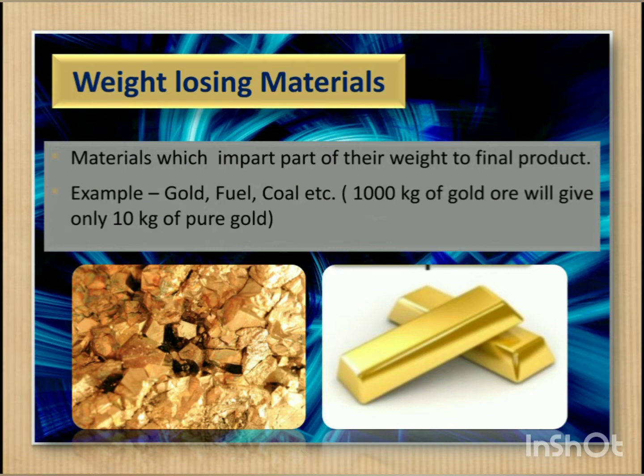Materials which impart part of their weight to final product. That is why this is called as weight losing materials. For example, gold, fuel, coal, etc. 1000 kg of gold ore will give only 10 kg of pure gold. That is the important peculiarity of gold.